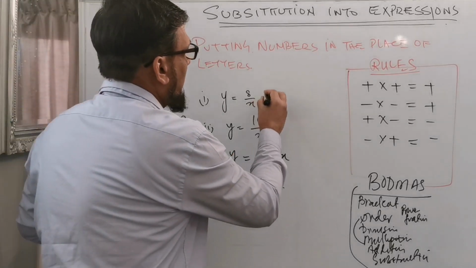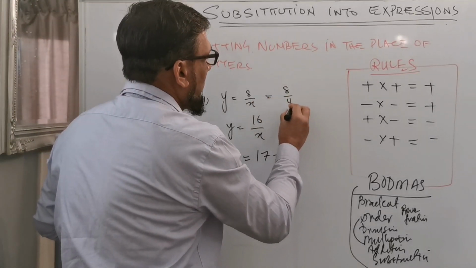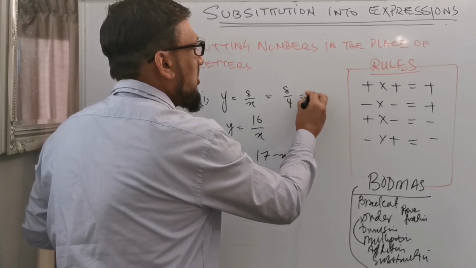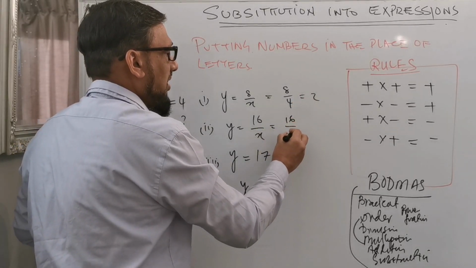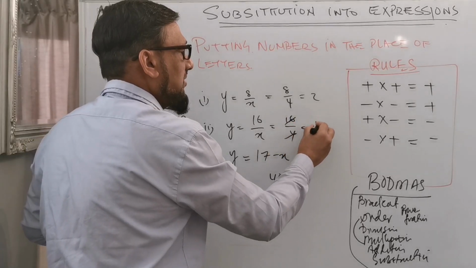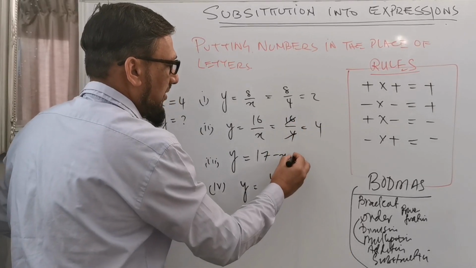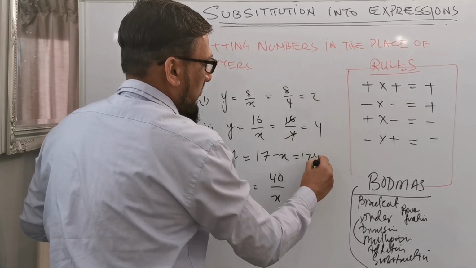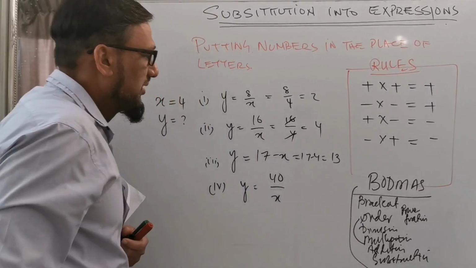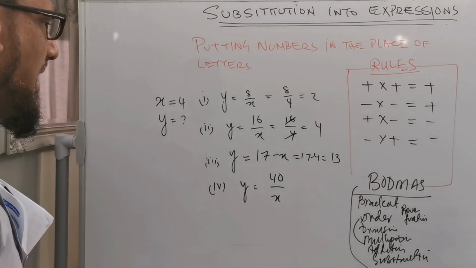So what you do is simply substitute the value of x which is given in the question, 4. So it means 8 divided by 4, and the answer will be 2. The same as 16 divided by 4, so the answer will be very simple, 4. 17 take away 4, the answer is very simple, 13.